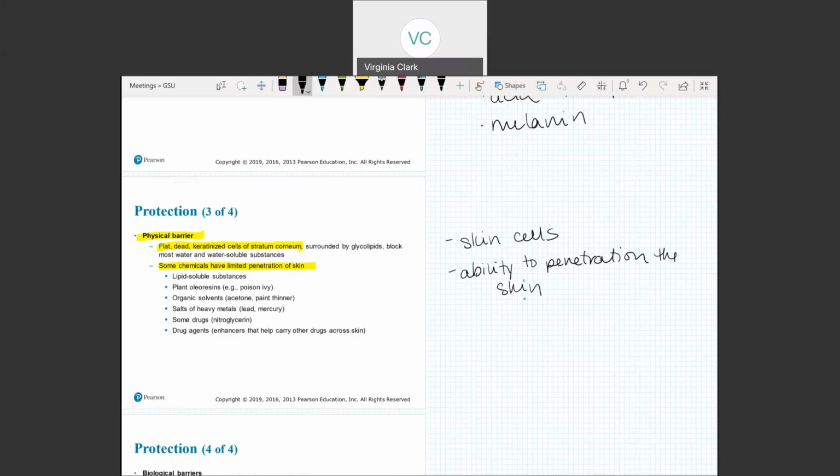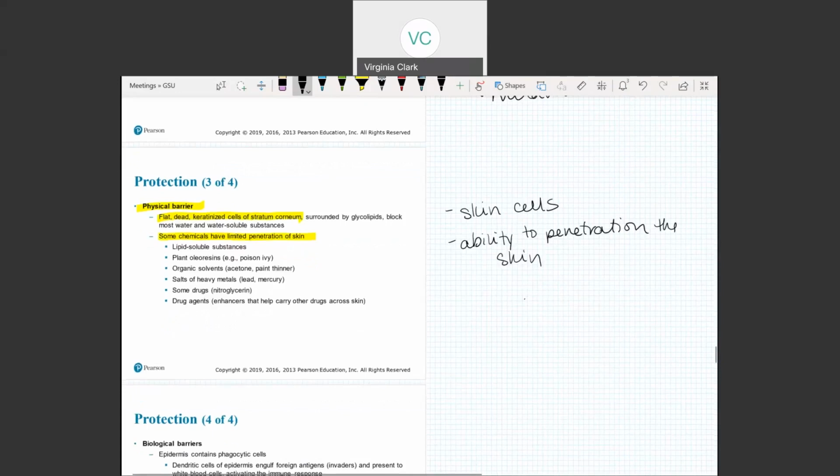So some examples are going to be lipid-soluble substances. Poison ivy is an example of a plant oleoresin, or organic solvents, which is why you're supposed to be wearing gloves when you deal with things like paint thinner or acetone. Heavy metal, lead or mercury, can get absorbed through the skin very easily.